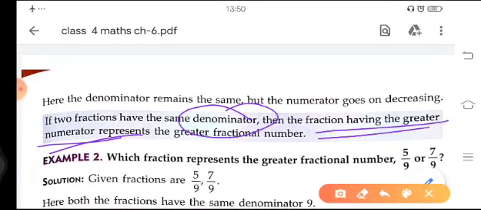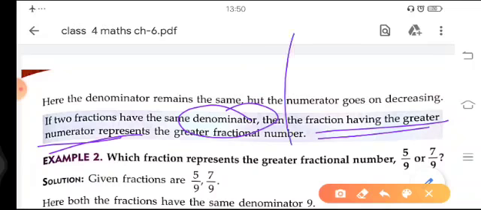See, there is one condition. First, if denominators are same, then we will compare the numerators and the greater digit will represent the greater fraction. But if numerators are same and denominators are different, then a smaller number will represent the greater fraction.